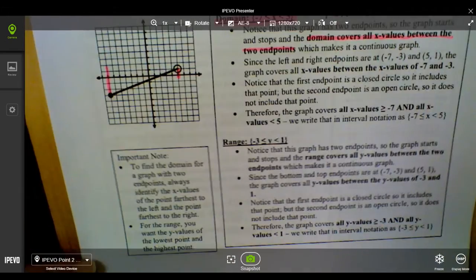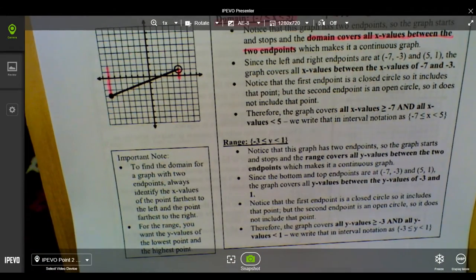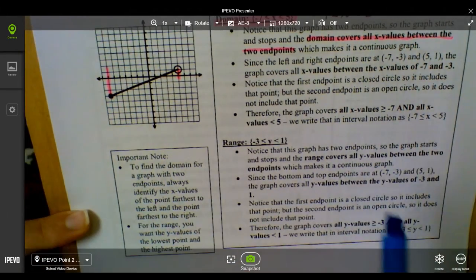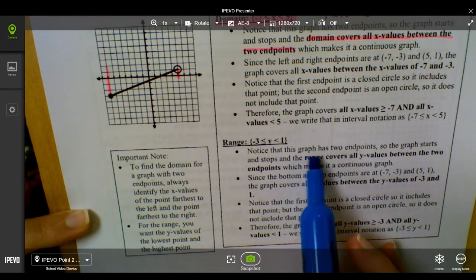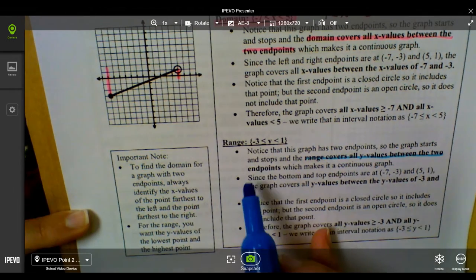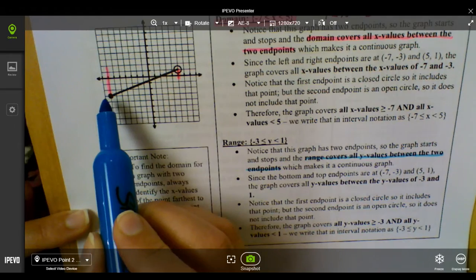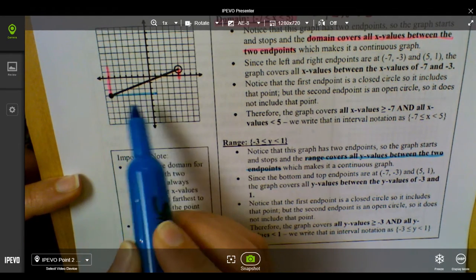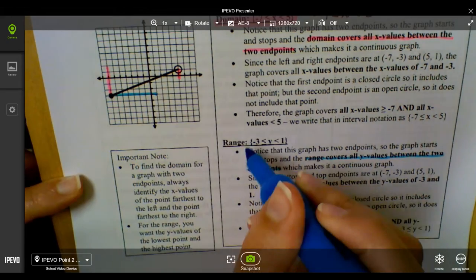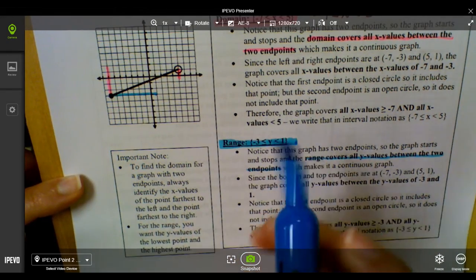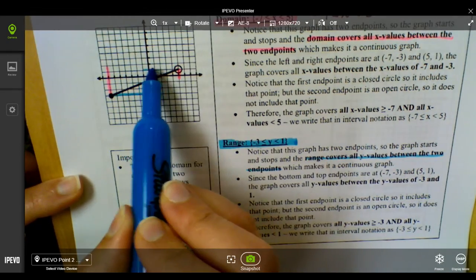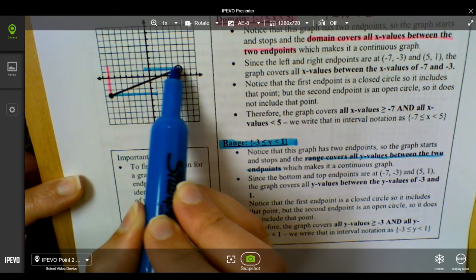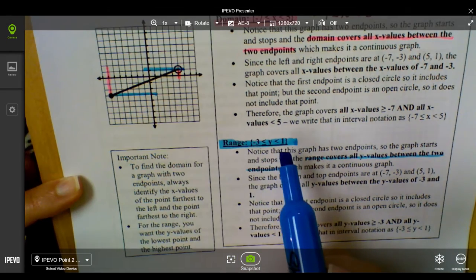Okay, and then it's pretty much the same exact thing with the range. Now I'm going to take the lowest points, all the y values over here. So I'm going to take the lowest point and draw this line through the y-axis, and you'll notice it should be hitting at -3. And then I'm taking the highest point up here and going through the y-axis this way, and you'll notice it's on 1.